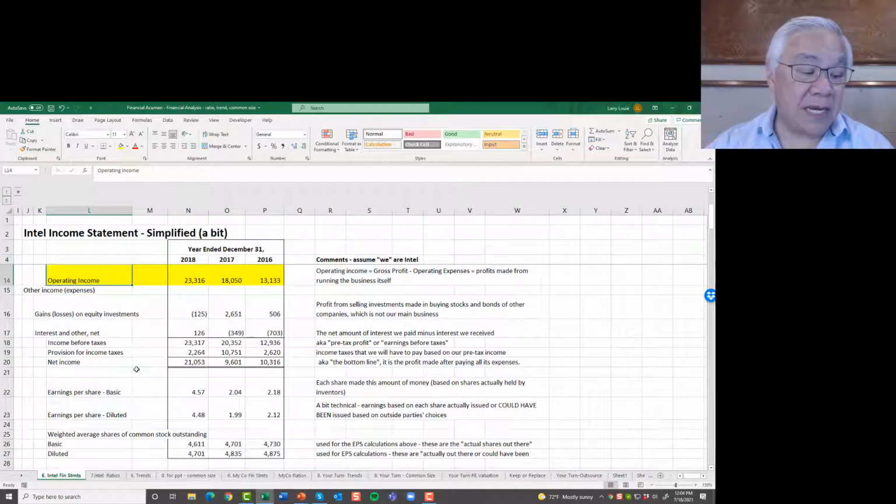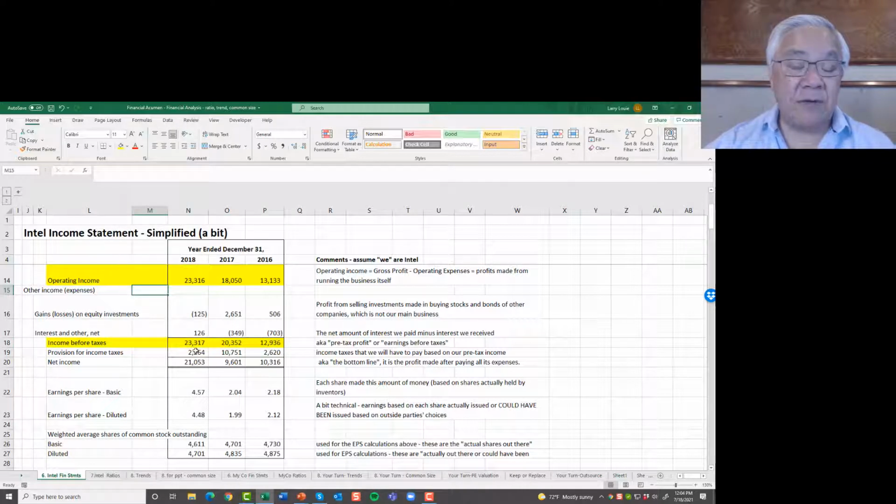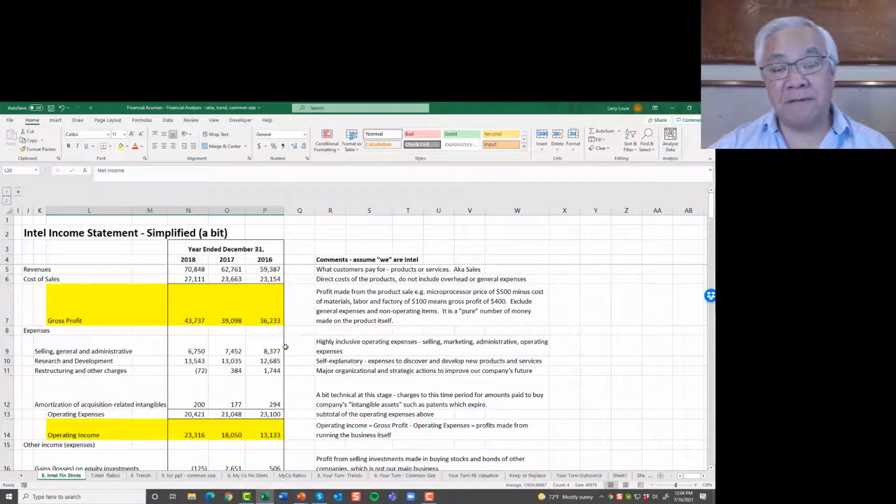So we end up with the next line item, which is income before tax. And sometimes we call that pre-tax income. Then we subtract income taxes, and we end up with what we frequently call the bottom line, which is net income. So in the case of Intel, in a fairly simplified format, we have revenue minus cost of goods sold is gross profit.